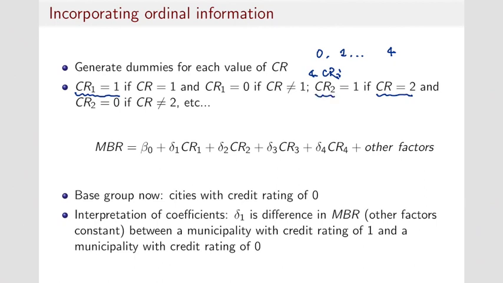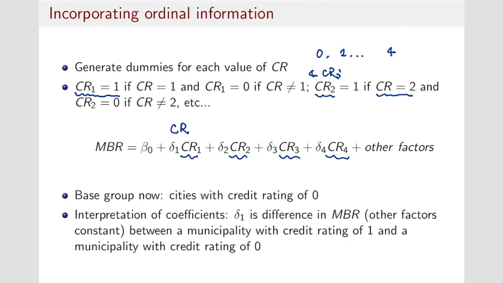Similarly, if the credit rating is 2, then let another variable CR2 equal 1, and for all other ratings that are not equal to 2, CR2 equals 0, etc. Then for the regression model, instead of having a single credit rating variable, which is continuous, now we have 4 binary variables, CR1, CR2, CR3, and CR4.